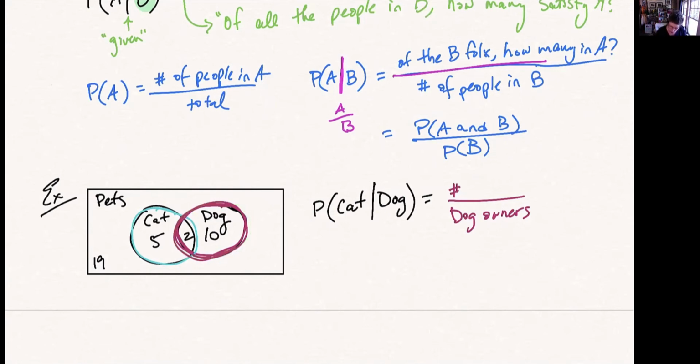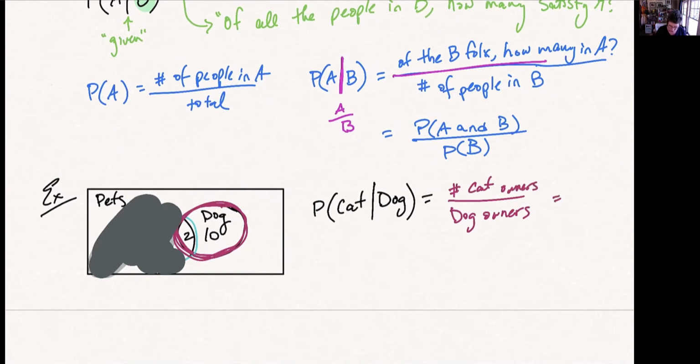So when I'm working on this problem, I'm ignoring everything else. All of this is getting ignored. I'm ignoring this. My world is only the dog owners. So of everybody in my world right now, of just the dog owners, how many of them own a cat?